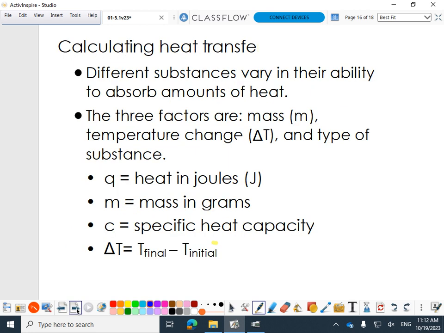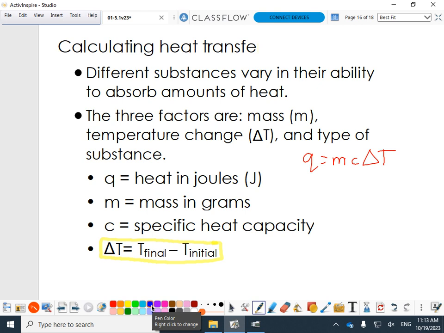Okay, so today we will do the first simple calculation. I don't know why the formula didn't print, but that's okay. So we're going to look at the change in thermal energy or the change in heat.